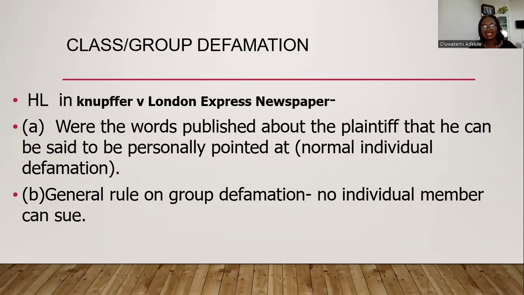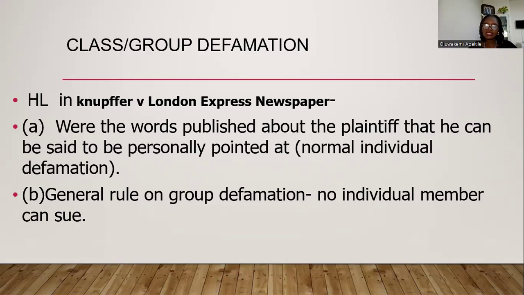Or if you say Nigerians are dishonest, or you say Unilag students are lazy, or UI students are not committed to studies. You know, general statements. These ones I even gave are actually statements of opinion. But if you just make statements that are general about a group of people, no individual member of that group, as a general rule, can bring an action for defamation.